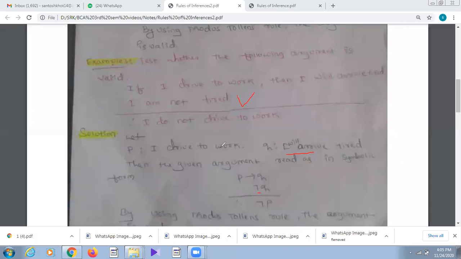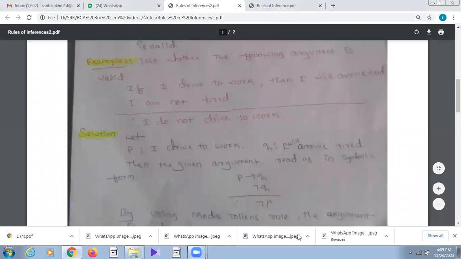Next, the conclusion: "I do not drive to work" is the opposite of "I drive to work", so this is the conclusion symbol, negation P. Now if we see the rules of inference, does one apply?